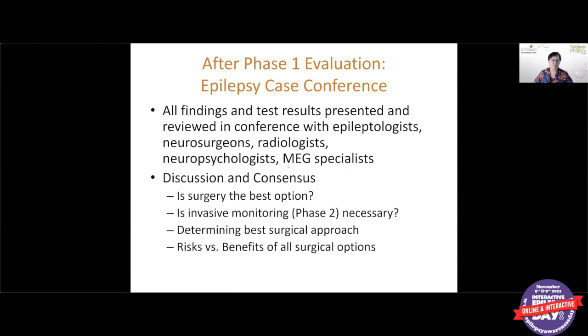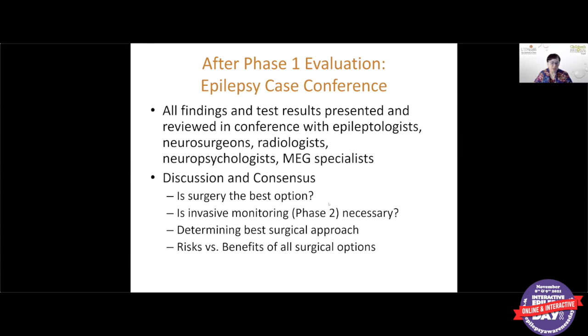Every week, the pediatric and adult groups for epilepsy get together and talk about each case that's had a phase 1 evaluation. And we go over with the neurosurgeon and the MEG specialist and all the epilepsy doctors and the radiologists, all of the test results, and we look at them all together and discuss each case one by one and decide what is the best treatment for this particular patient.